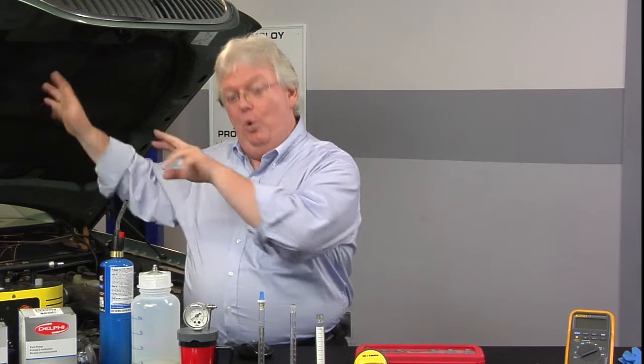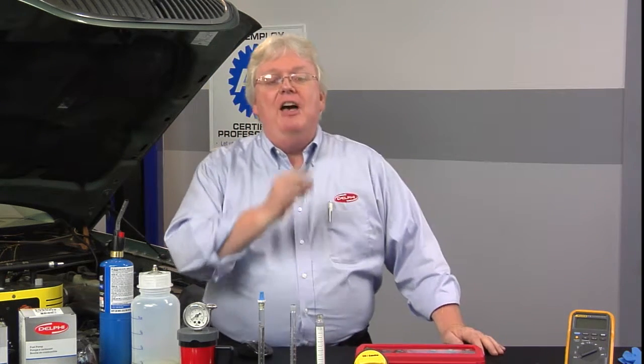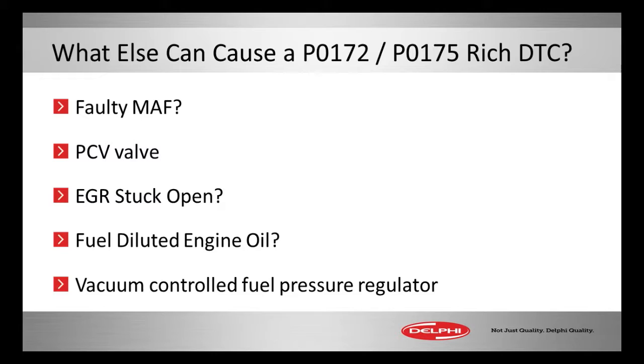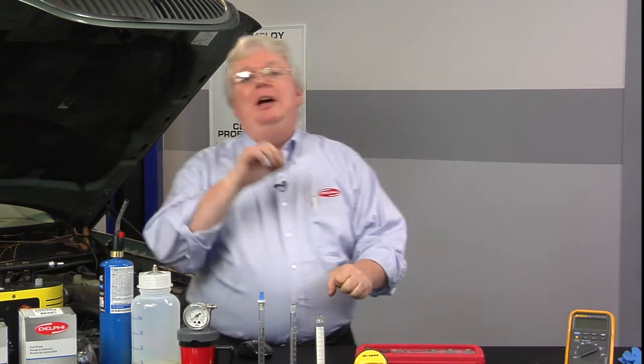Now, rich codes for fuel trim. What else can cause those besides what we talked about with the hands-on demonstration? A faulty mass airflow, again. This time contaminants on the intake air element of the sensor can make it think that it's actually a little bit colder than it really is, so we spray more fuel. PCV valve, this time being plugged up, not being the proper calibrated vacuum leak it's supposed to be.